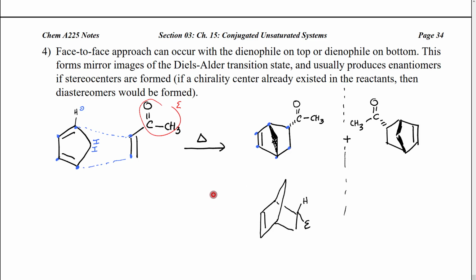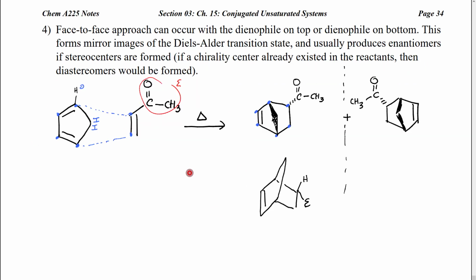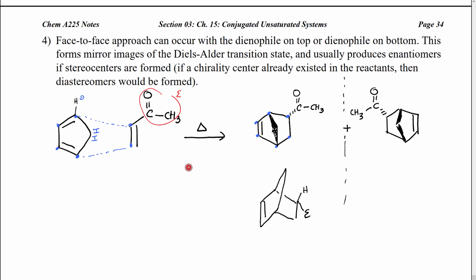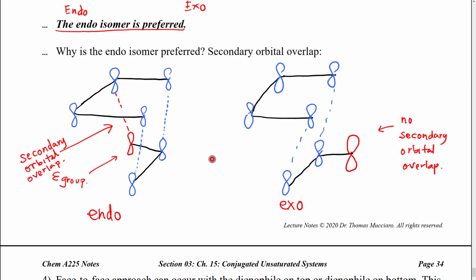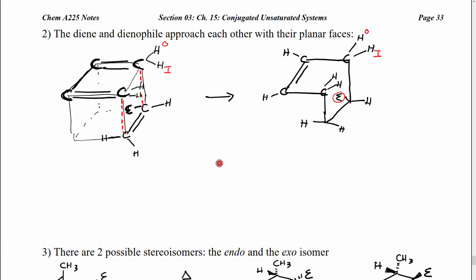The other thing that you need to know about the Diels-Alder reaction, and this is actually a terrible picture of it, but when we do this face-to-face approach, if we go back up to my cube drawings, I drew a cube where the diene was on the top face, the dienophile was on the bottom edge.